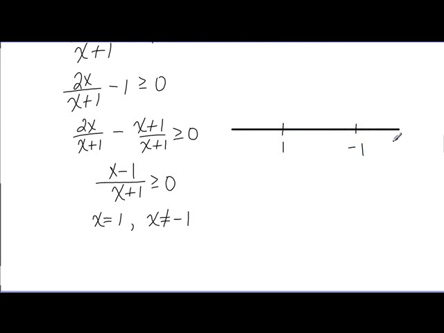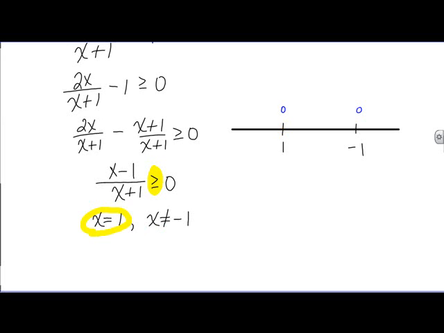Now, looking at the inequality, this time we've got greater than or equal to. So the value x equals 1, which would make our fraction equal to 0, that's going to be okay. So I can put a filled in circle at positive 1.